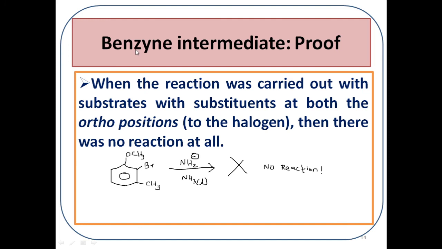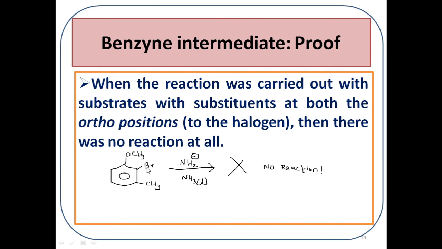Another proof comes from the fact that when the reaction was carried out with substrates with substituents at both the ortho positions, that is, on either side of the halogen, where the ortho positions are already occupied by substituents, then there was no reaction at all.